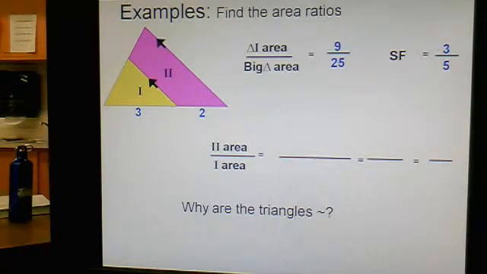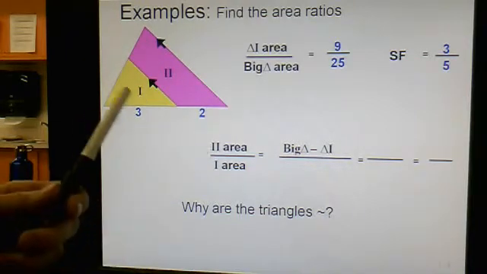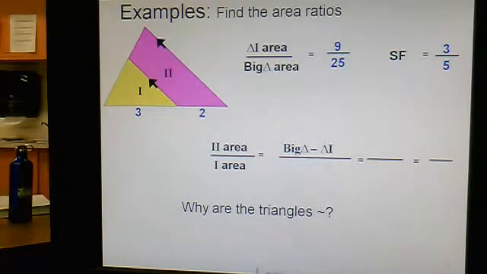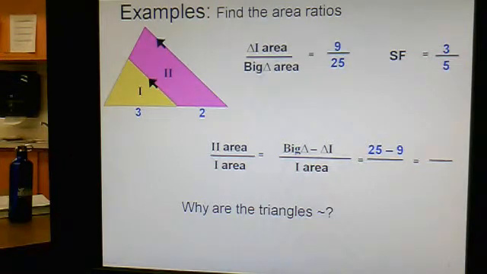Hopefully you're going to do the math, either in your head or with the calculator, quickly. 25 minus 9 gets you the area for just this space here. The big triangle, subtract out this space, and you get 16. So that is a 16, and of course area 1, we're still calling that a 9. It's a 16 to 9 ratio.